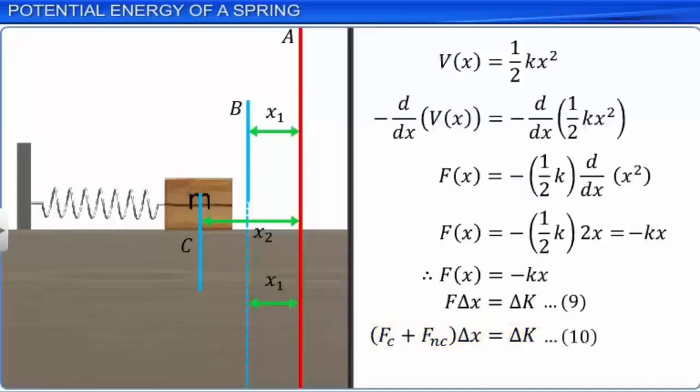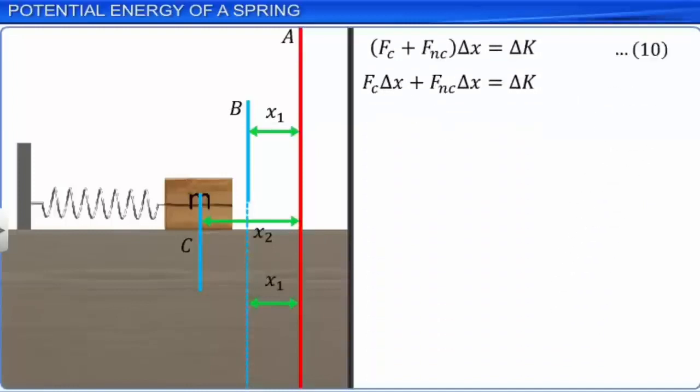Simplifying, we get Fc delta x plus Fnc delta x is equal to delta K. Since Fc delta x is equal to minus delta V, we get minus delta V plus Fnc delta x equal to delta K. Let this be equation 11.